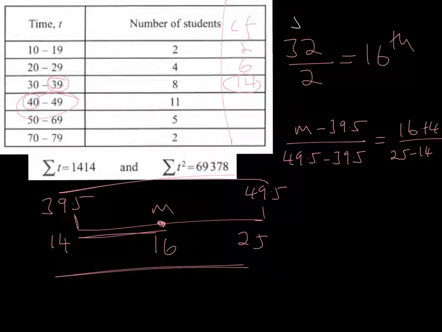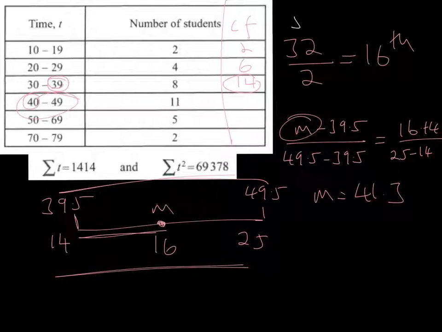So we can solve and rearrange that, and that will give us the median, which gives us a value of 41.3 to 1 decimal place. So that is the median in part A for 2 marks.